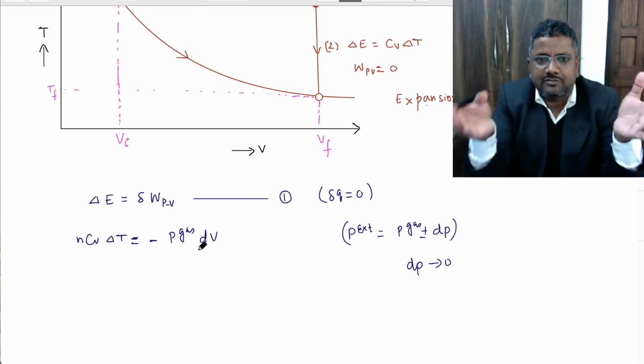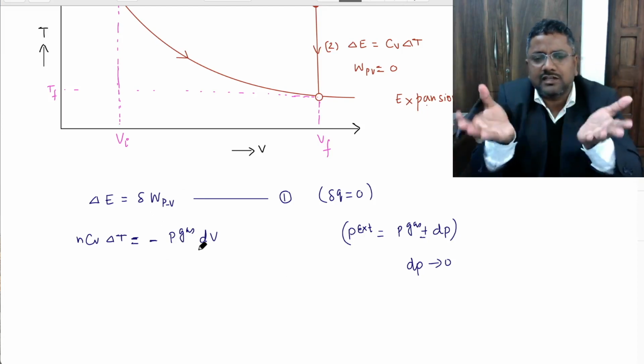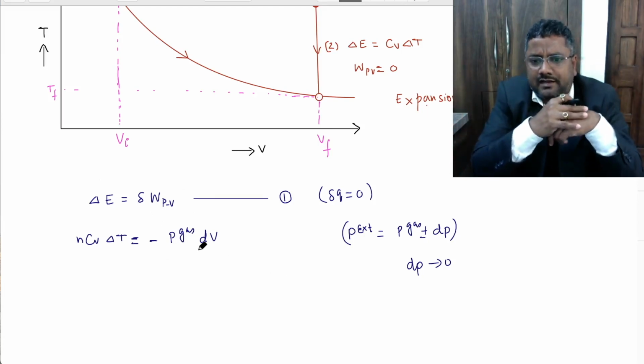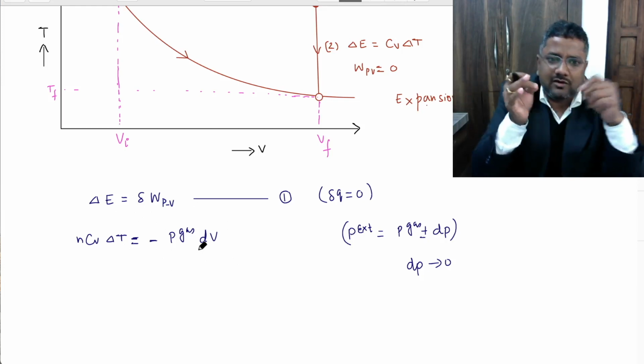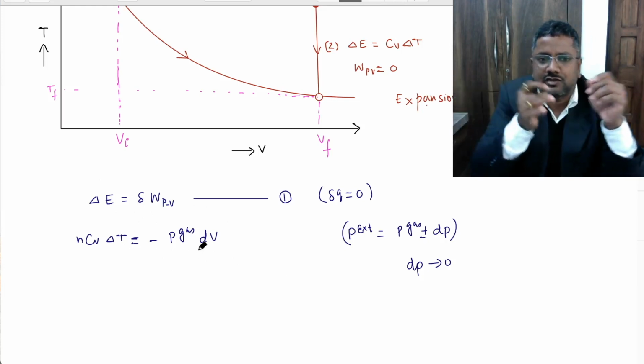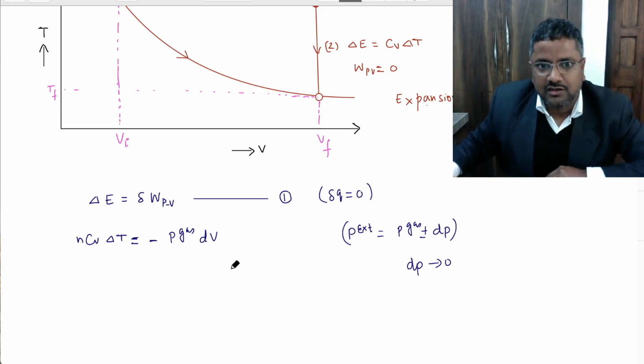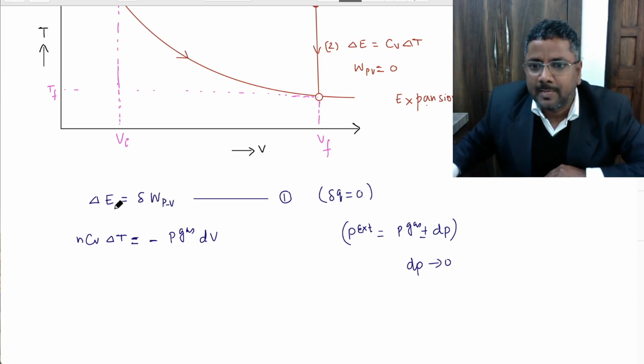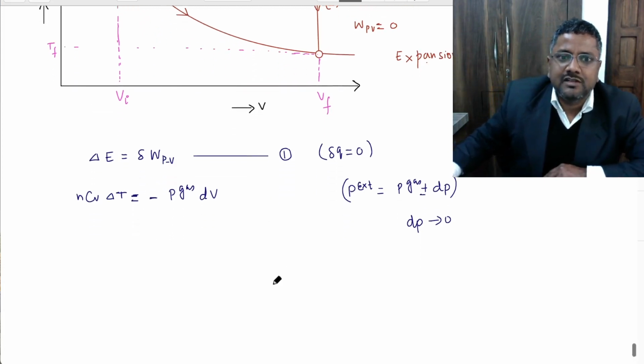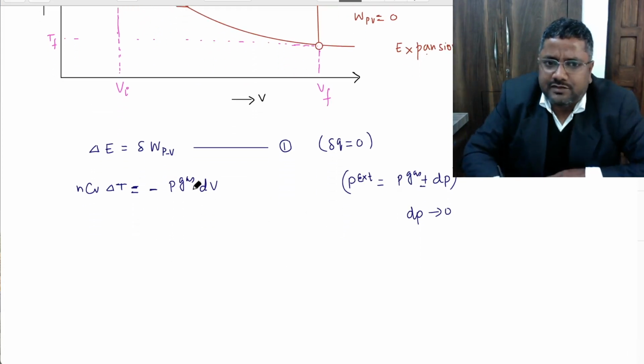What is the final temperature? How much work is involved? Work is always equal to nC_V delta T, right? So if you are able to find out final temperature, final pressure, all these things, then you can very easily calculate work. Otherwise you cannot calculate work, because this work is always equal to nC_V delta T in adiabatic process, right?